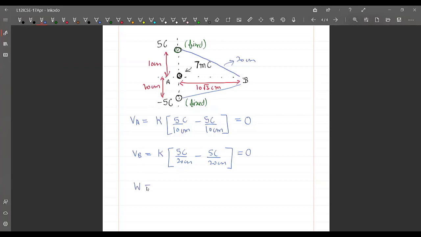So work done will be 7 millicoulomb into final potential minus initial potential. Final potential is potential at point B, and initial potential is potential at point A. They both are zeros, so work done by external agent will be 0. Work done is therefore 0.